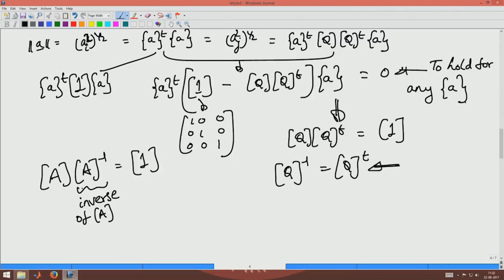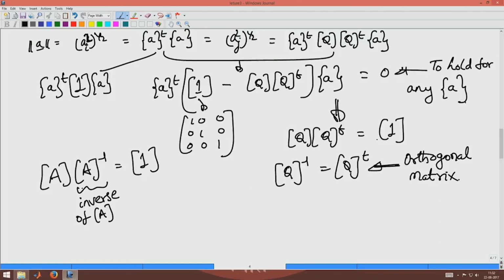These matrices are called orthogonal matrices, where the inverse is the transpose. Okay.